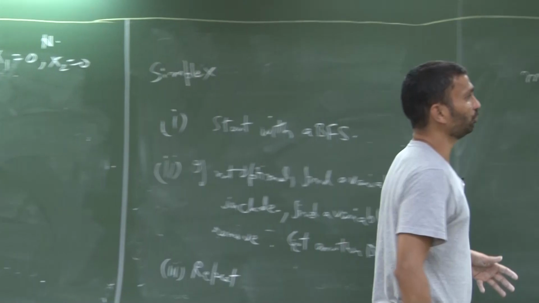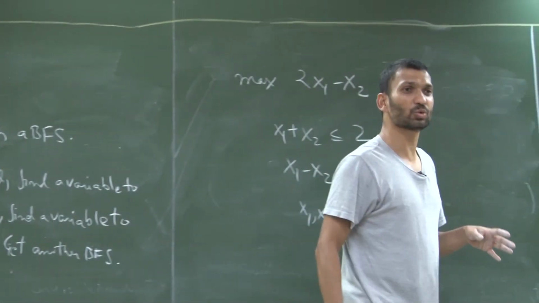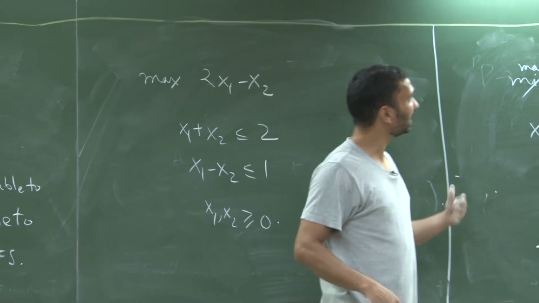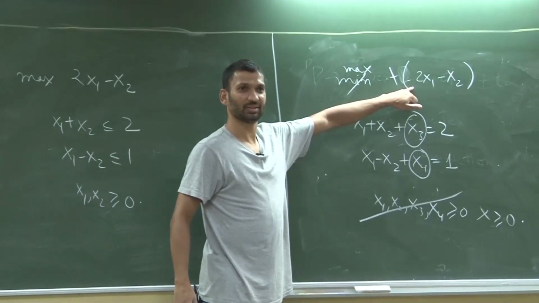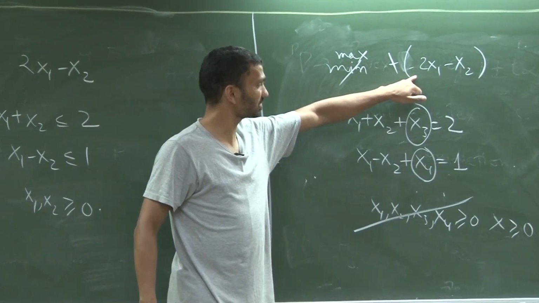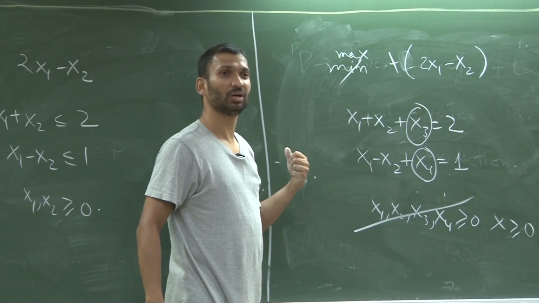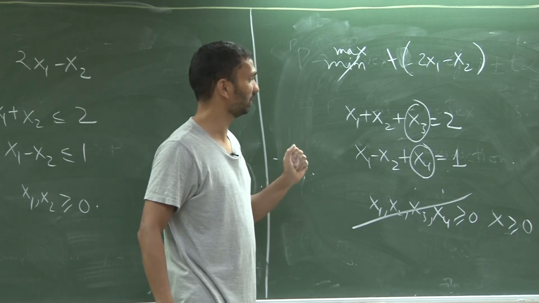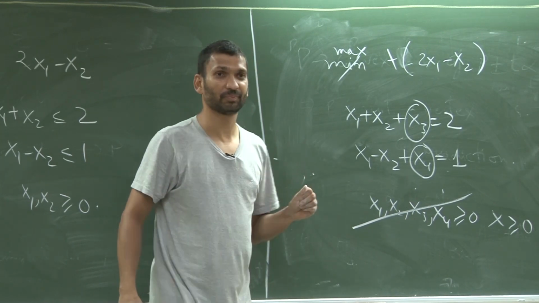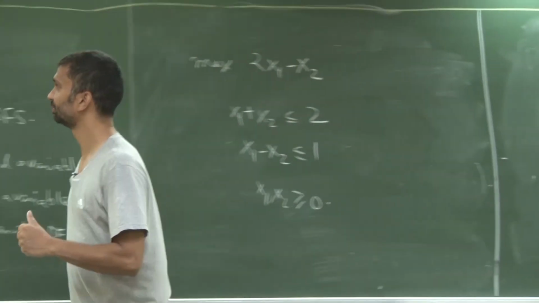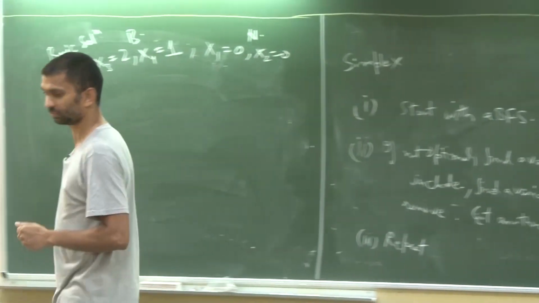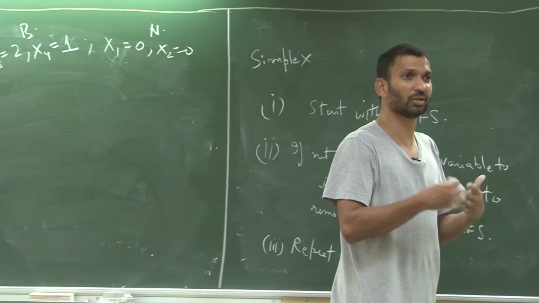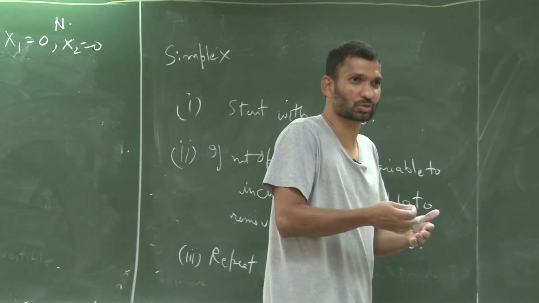And now, if you remember the last quiz question, can I express this just in terms of basic variables and non-basic variables? You remember how we did the last question?